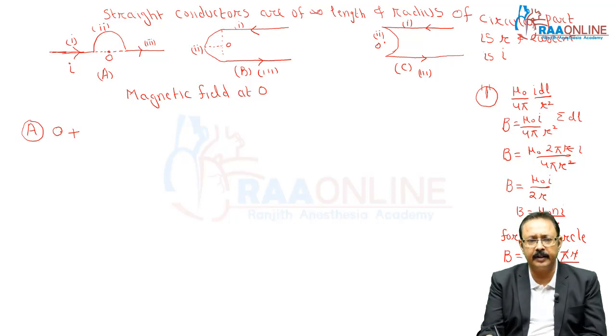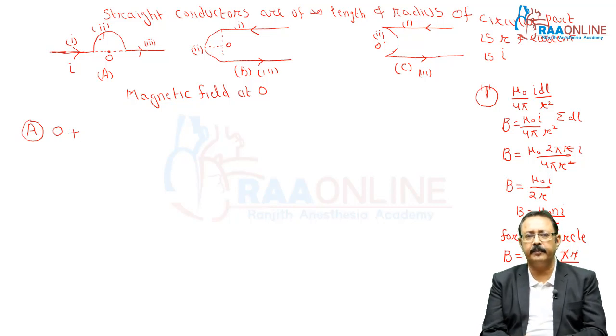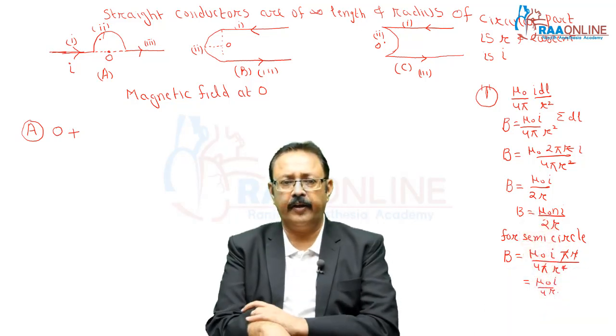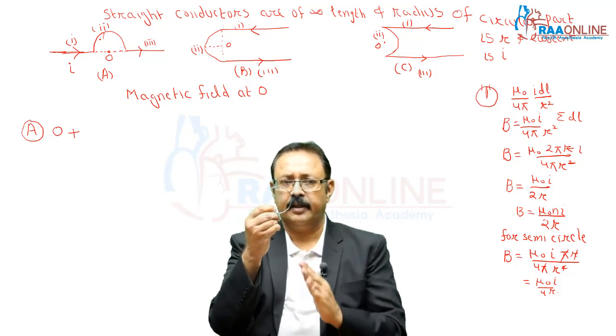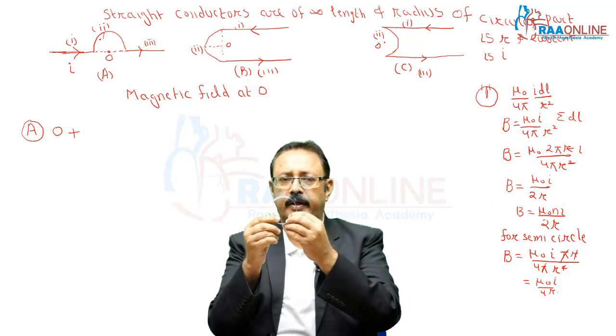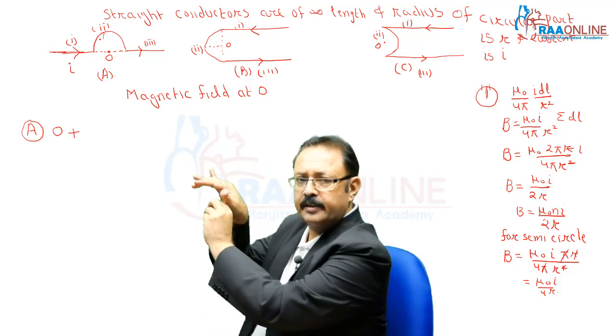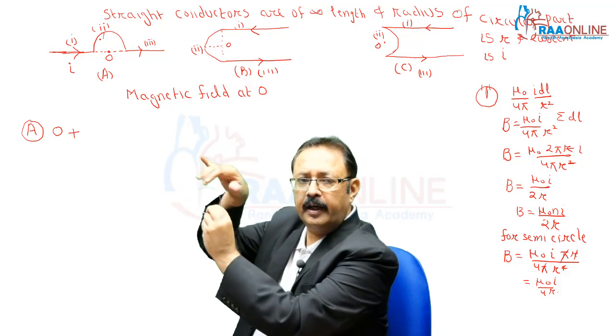Second part, it is semicircular. What is the direction of the magnetic field? You can imagine, if current is going in this direction, use your right hand. You want to calculate the magnetic field at this point.